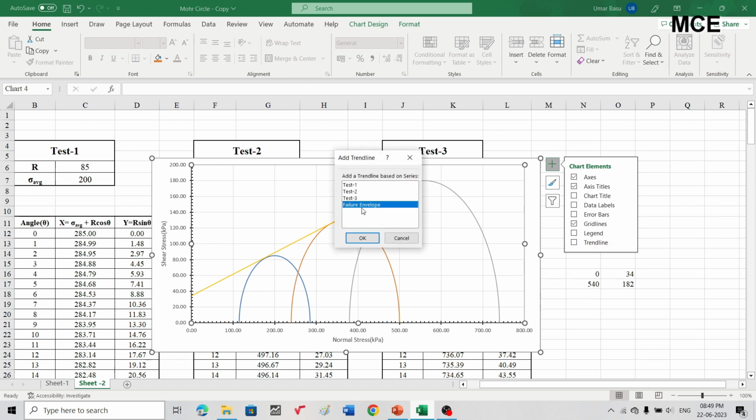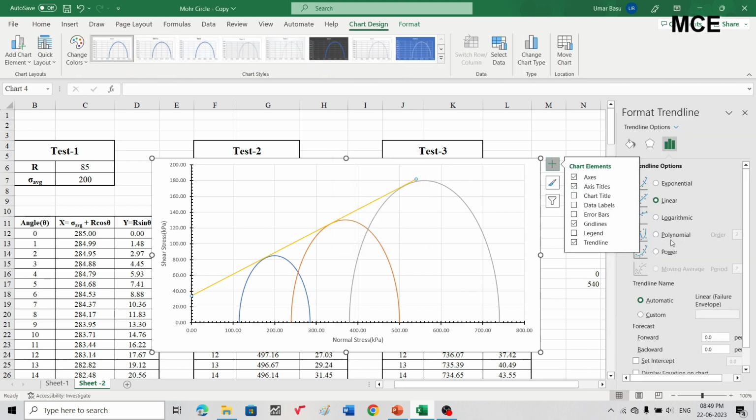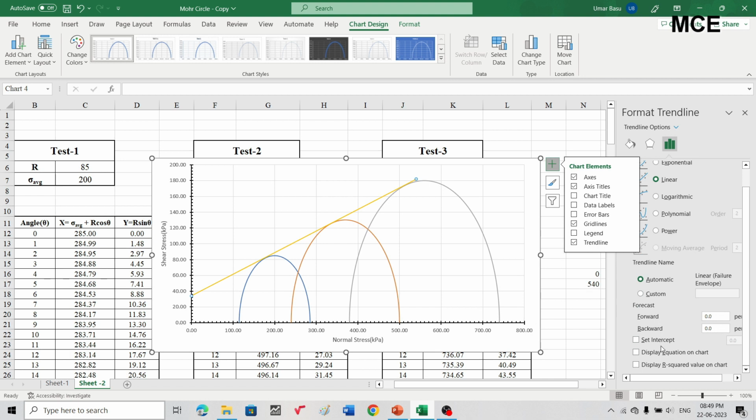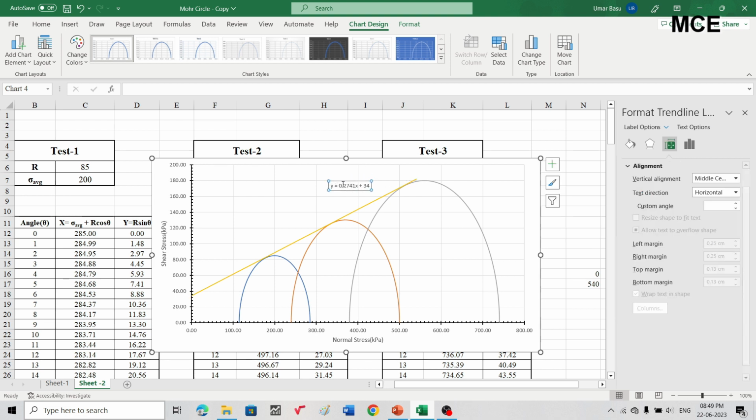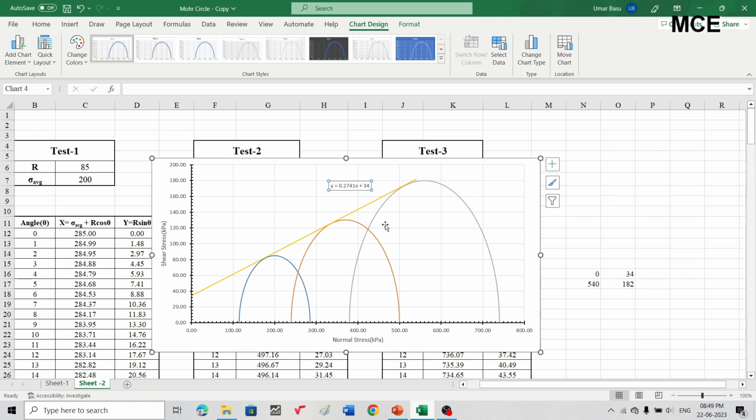Okay, and for the trend line you will click on the failure envelope, and then you will double click on this failure envelope, and you will click on display equation on chart, and you can see that we now have the equation for this failure envelope. From this equation we will get the cohesion and the angle of friction.